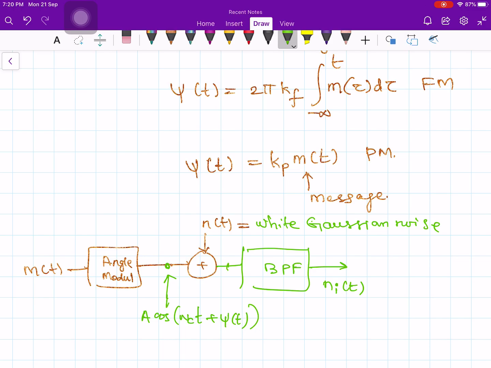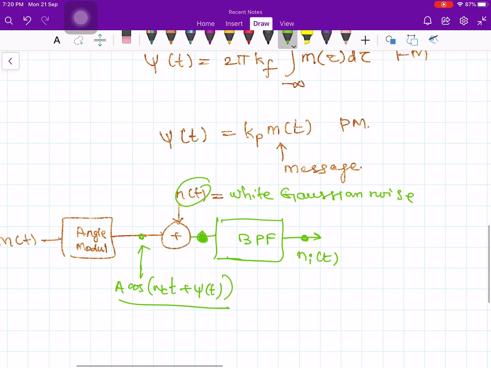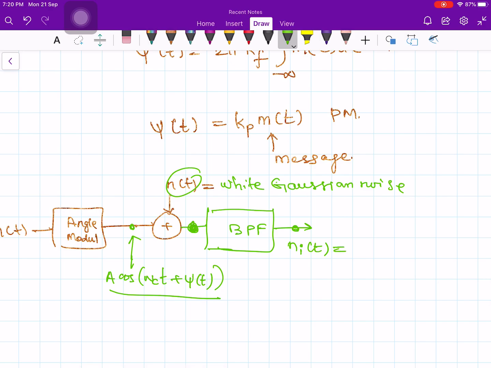Sum of this and sum of this will appear at this point. Then the output is the band pass version of your white Gaussian noise. What is ni of t? Ni of t is the narrow band Gaussian noise, the output of the band pass filter.